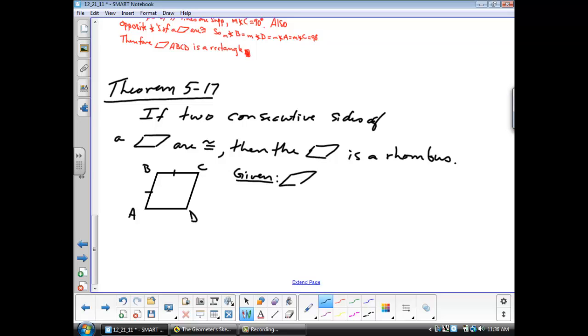They share a vertex actually, right? That would be consecutive sides. So here we have AB equal to BC. What we're going to prove then is that means that all four sides have to be equal, so therefore this is a rhombus. So we're going to prove that parallelogram ABCD is a rhombus.